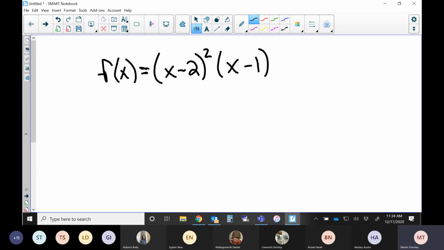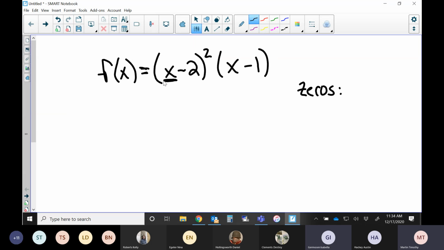Isabella, can you tell me one of the zeros? What would one of the zeros be? Would it be -2? No, close though. What would you put in for x here that would make that 0? 1? What's 1 minus 1?